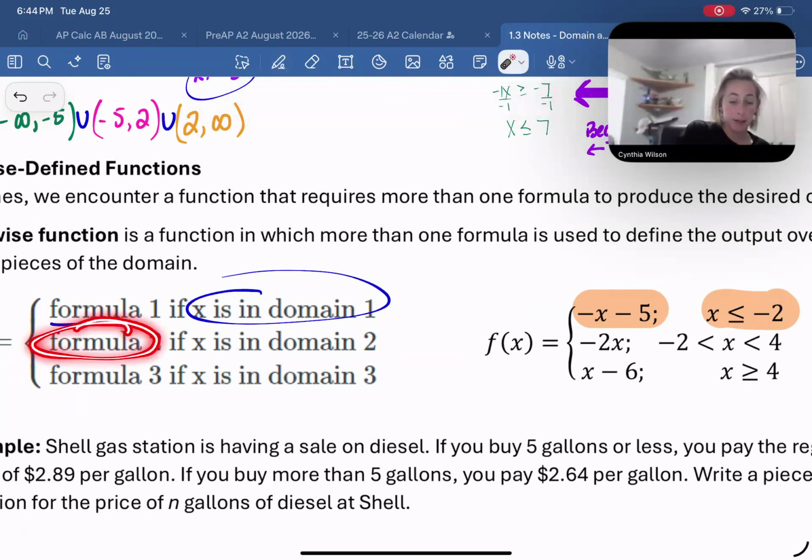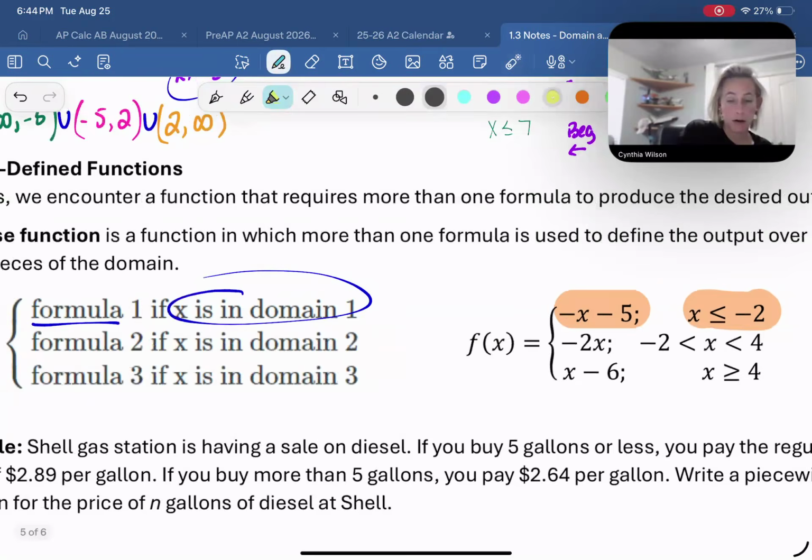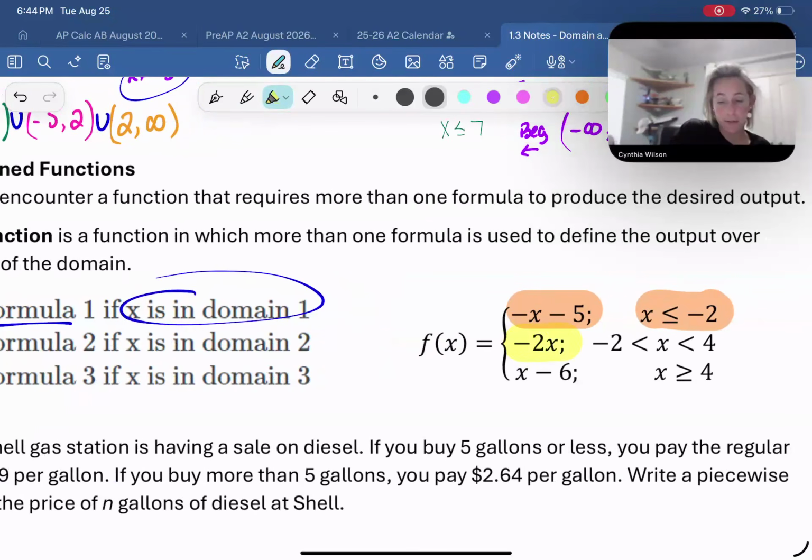Then it might give you a second formula and a second domain. So my second formula, -2x, with its domain. And then a third formula, not always, but sometimes, and its domain.